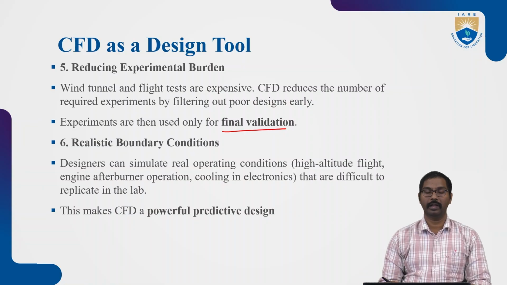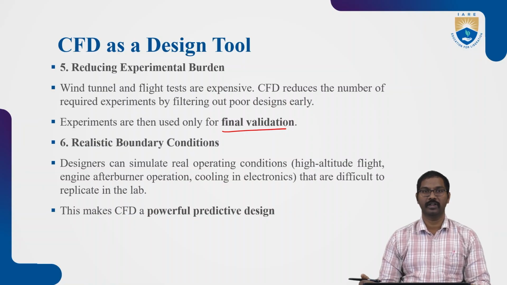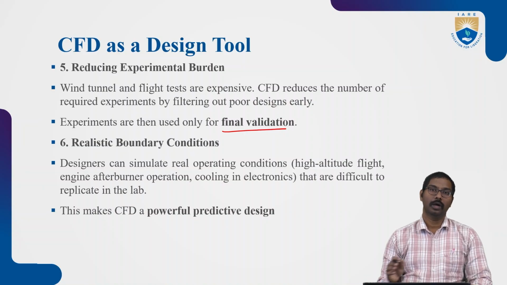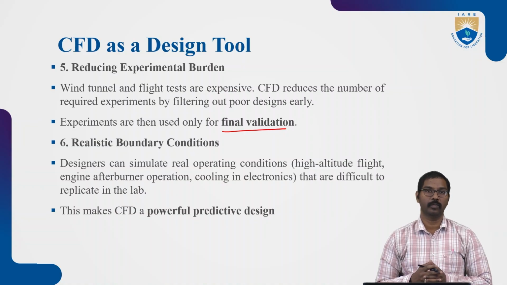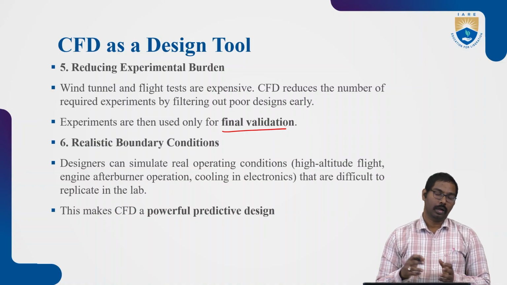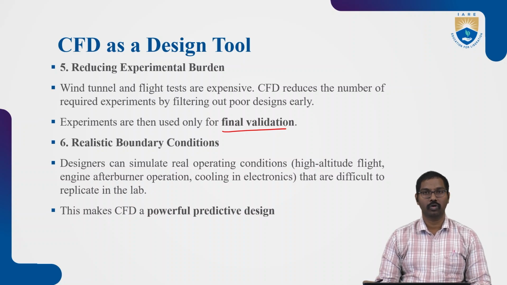Instead of air, you have to go for low density gases that can simulate high altitude conditions. Again, this requires special apparatus to store those gases and simulate that. So that is one more complex problem in doing real flow conditions in experimental procedures.